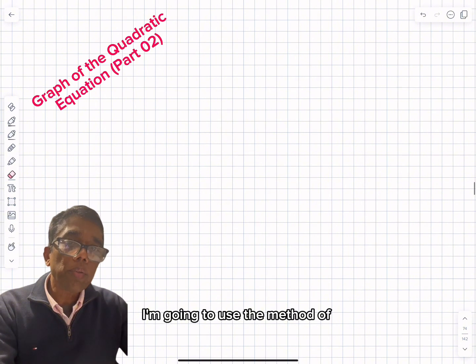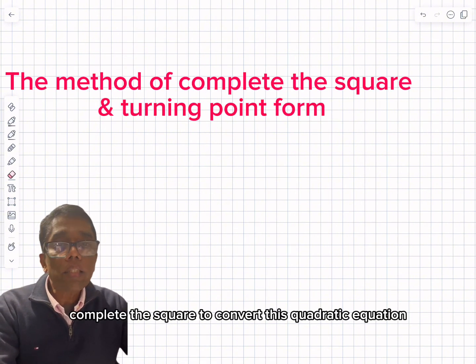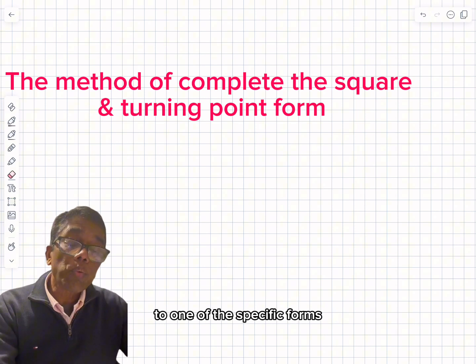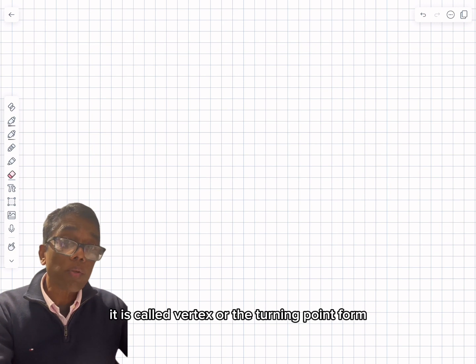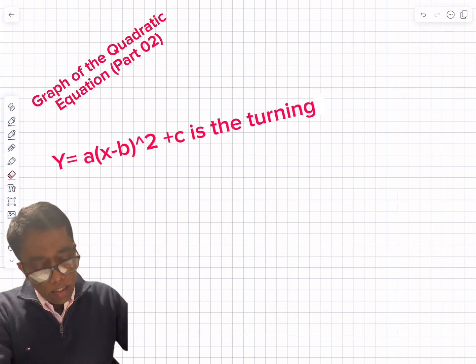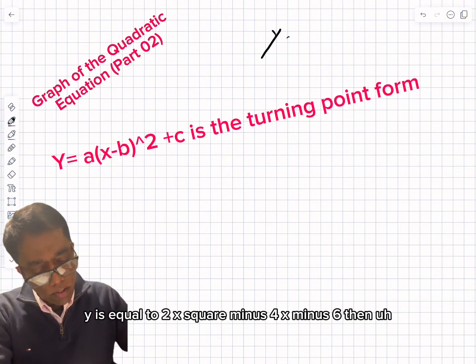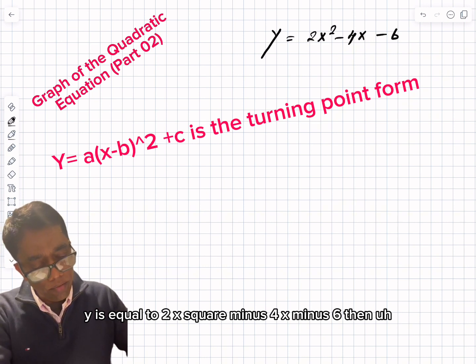Now I am going to use the method of completing the square to convert this quadratic equation to one of the specific forms. What is that form? It is called the vertex or the turning point form. Let's see the given equation: y is equal to 2x squared minus 4x minus 6.